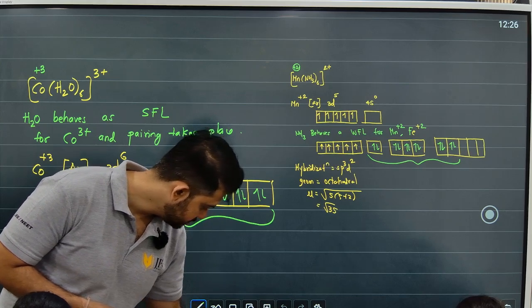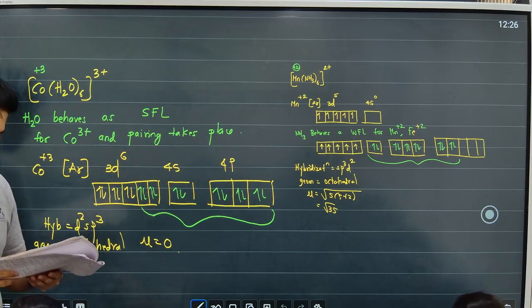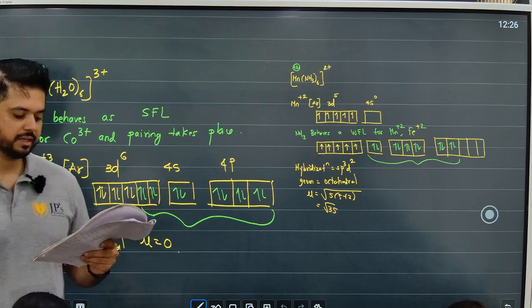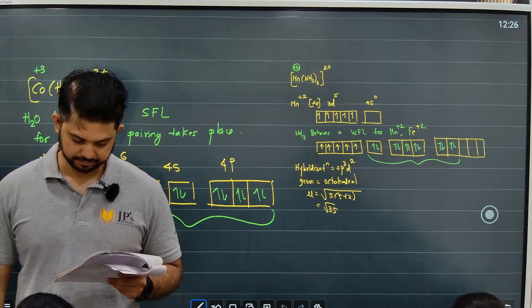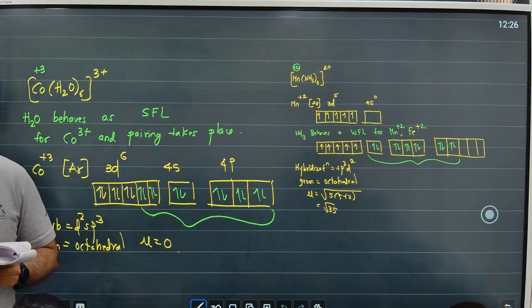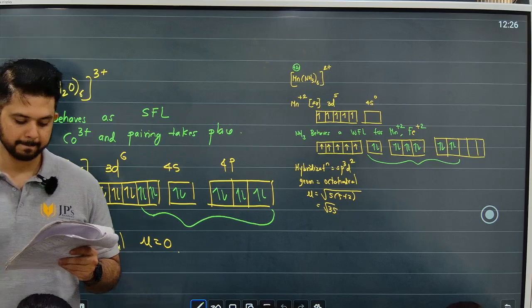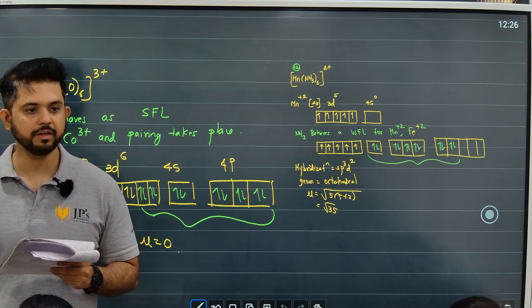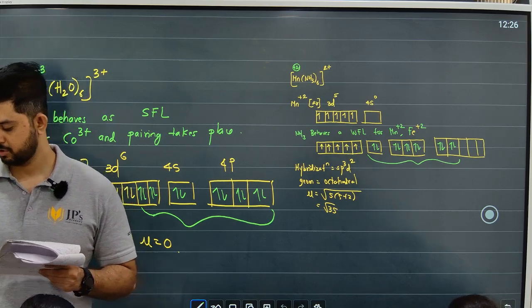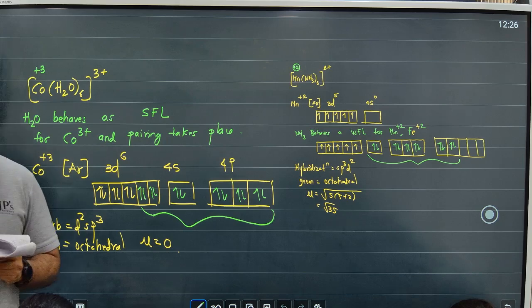And how are they stabilized? Bracket में couldn't explain strong field ligand, weak field ligand.